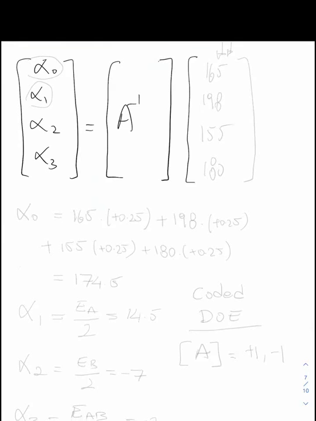And times my response matrix, that will be 165, 198, 155, and 180. Okay, and if I were to do this, then the alpha 0 is going to be, I'm just going to write it from the previous definition of A minus 1.